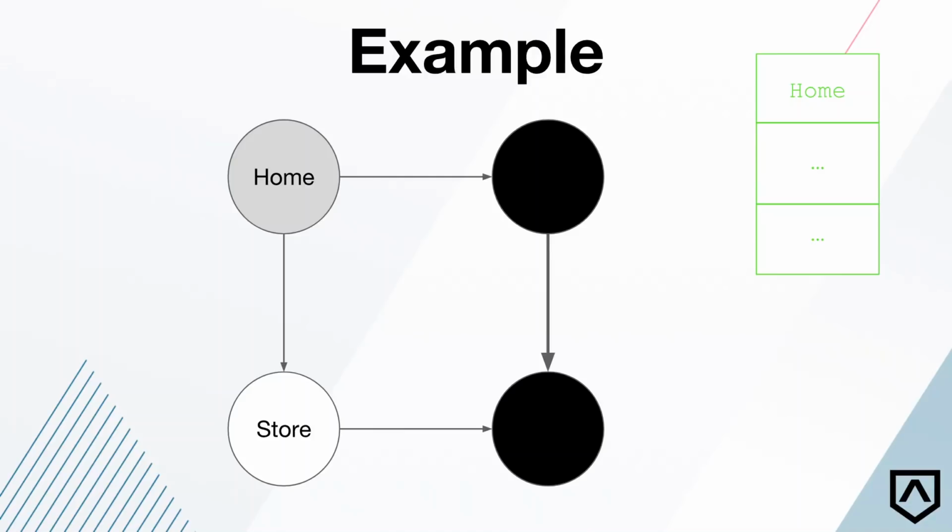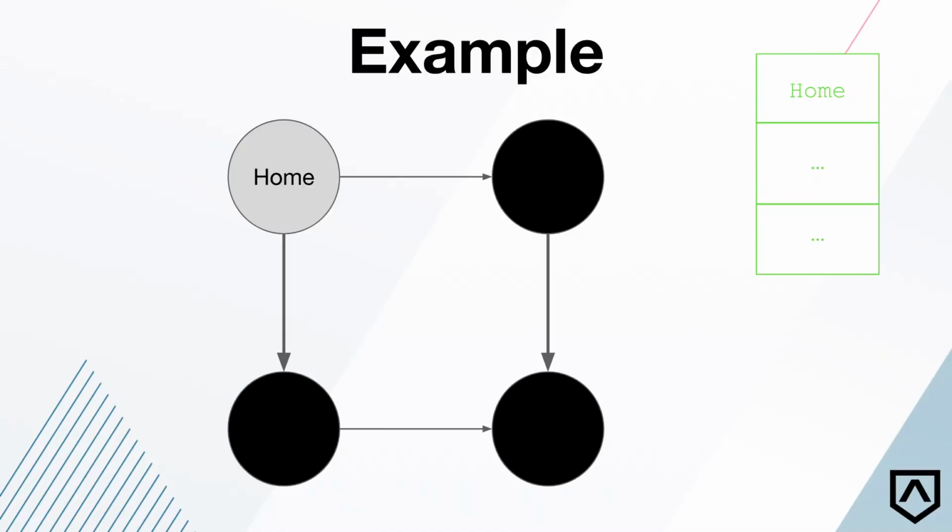If we look, there is still one other unexplored node from home. That is the store node. So we'll go ahead and put that on our stack, color it. Now it's time to explore store. If we look around, however, we see that, okay, there's nowhere else to go from store. There's no unexplored nodes we need to check.